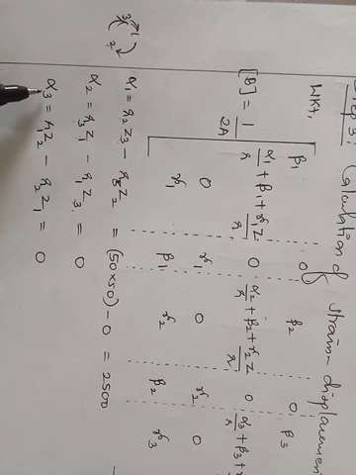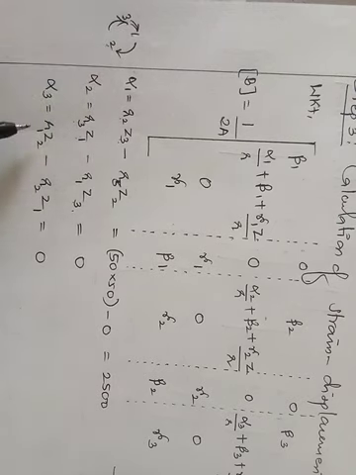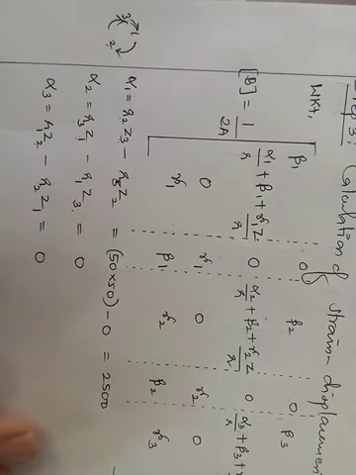Similarly, for alpha 3, after 3 the continuation terms are 1 and 2. So it is R1Z2 minus R2Z1. Since you are aware of each and every coordinate, that is R1, R2, R3, Z1, Z2, Z3, you please substitute and you will be getting the values as 2500, 0 and 0. So that is how you calculate alpha.